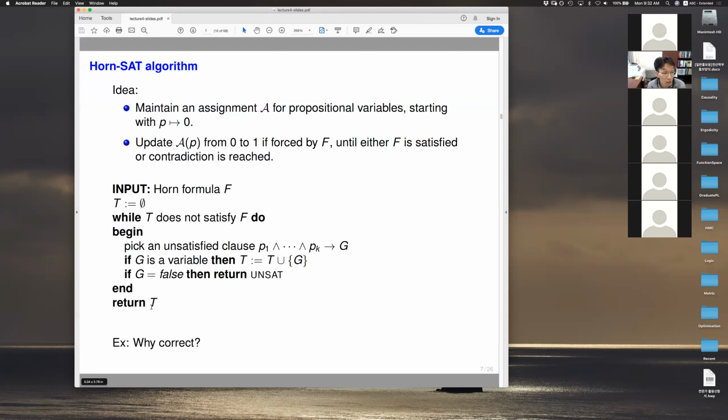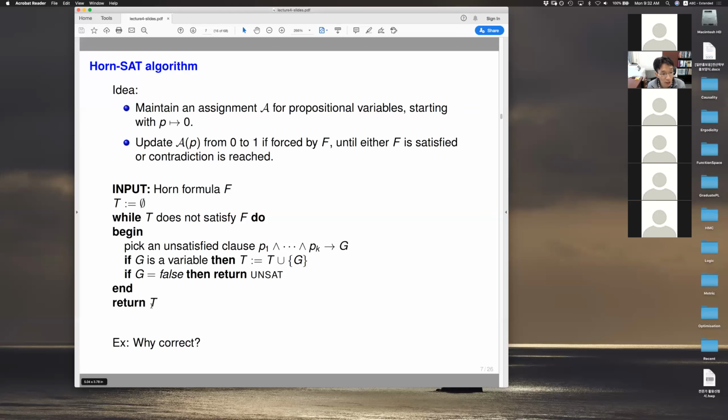It finds some T that satisfies this formula f. If we find some assignment that satisfies formula f, that's a satisfying assignment, so we have nothing to complain about.